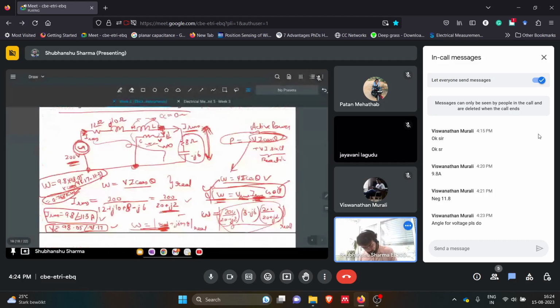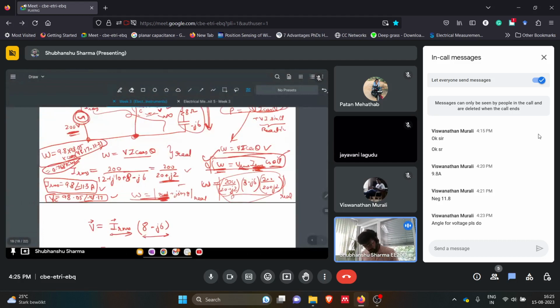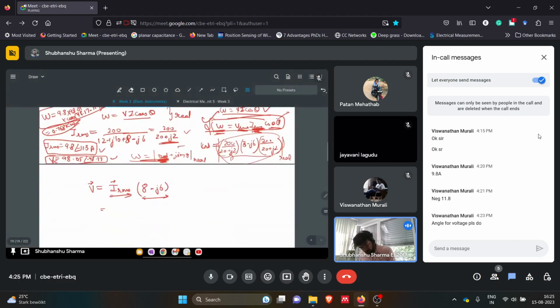So this is the impedance, and we are dealing with all polar coordinates. This is Irms, this will also be polar. So basically it is 200 by 20 plus j2, times 8 minus j6.